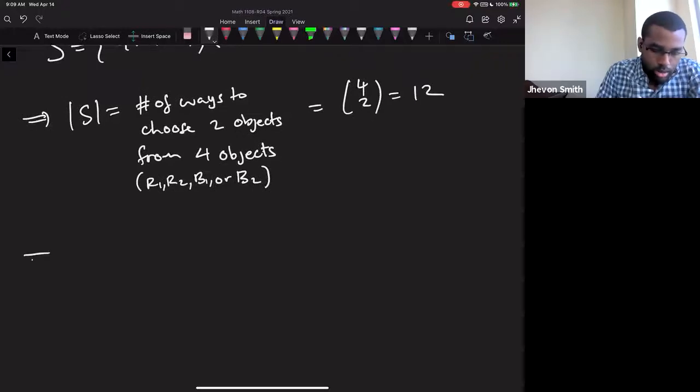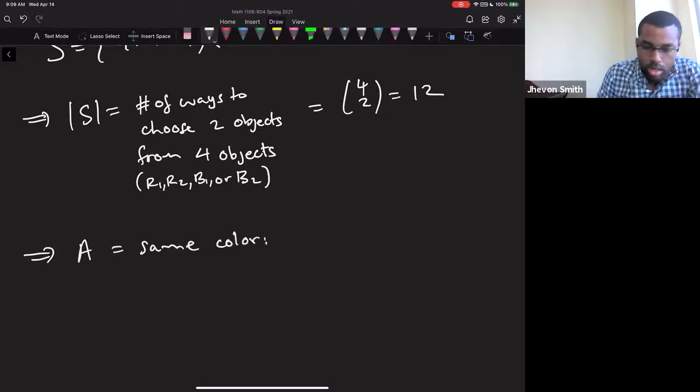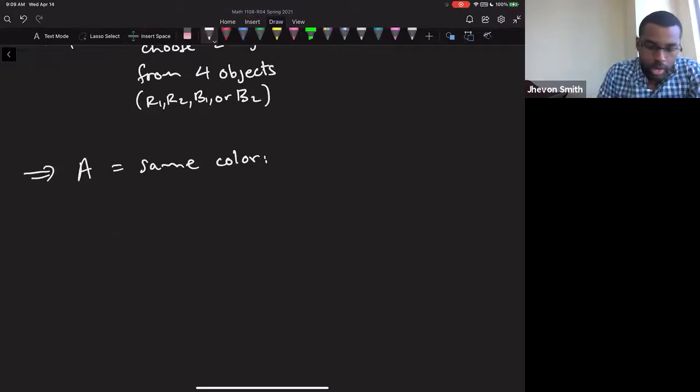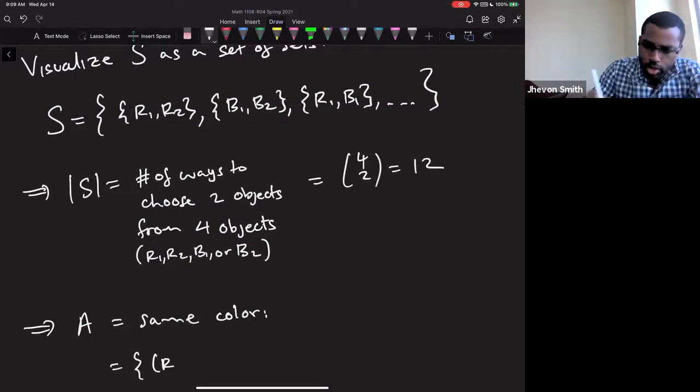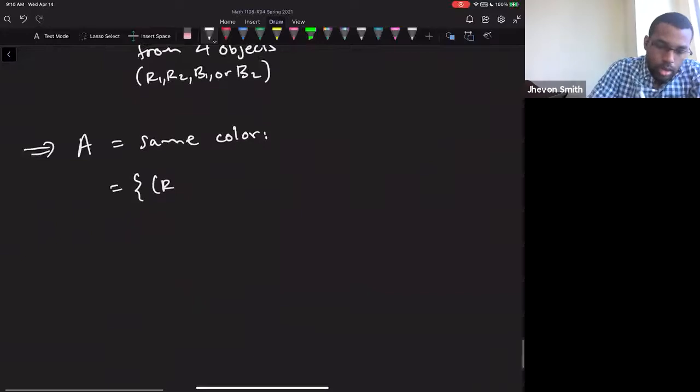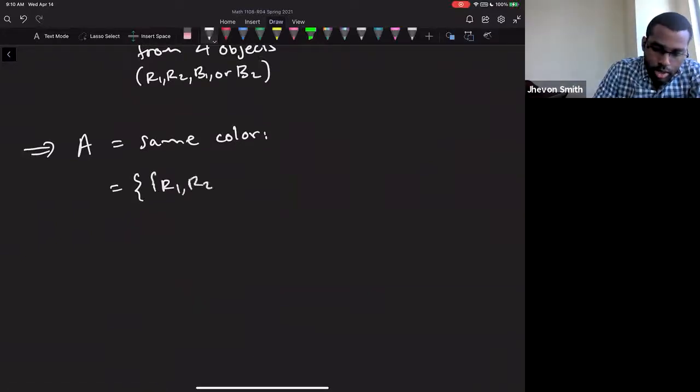And then if A is the same color, you can do this a bunch of ways. Again, you could list them. 4 choose 2 is 6. Now, when you look at same color, you just want the red 1 and the red 2, or you want the black 1 and the black 2.